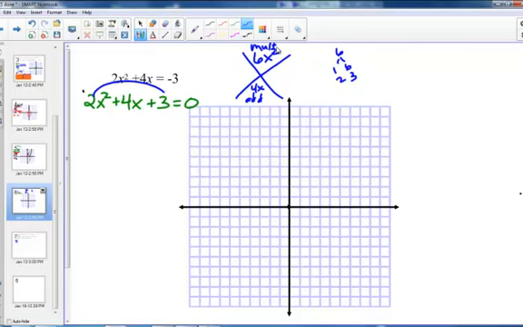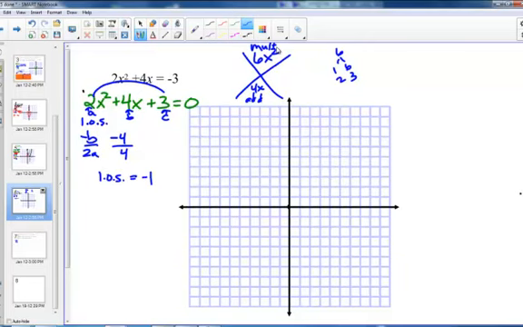So now we're going to have to move into the negative b over 2a to get the line of symmetry. So a is 2, b is 4, and c is 3. Negative b would be negative 4 over 2 times a, which is 2, so that's 4. So the line of symmetry is -1.